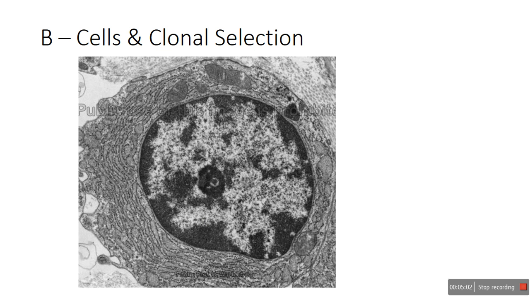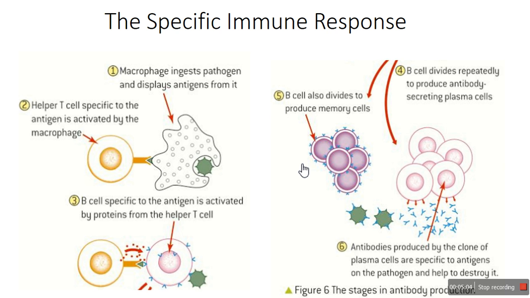So let's pop back now. So here's our activated B cell. And this is going to divide many times by mitosis, generating a clone of what we call plasma cells, which is what we just looked at. Now the generation of these large numbers of cells that can produce only one specific antibody is what we call clonal selection.